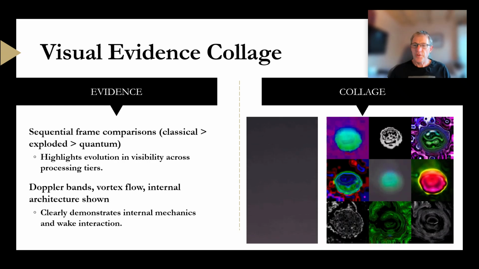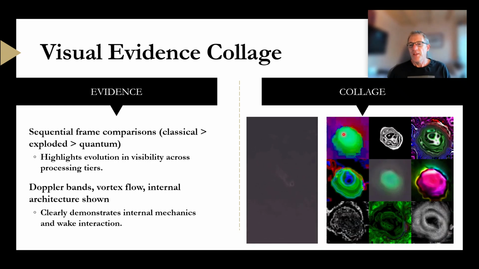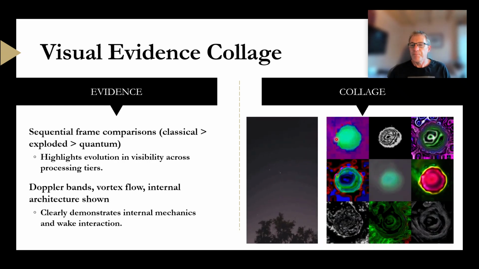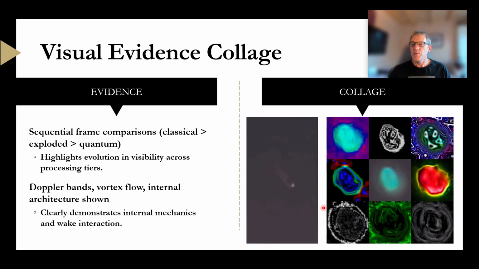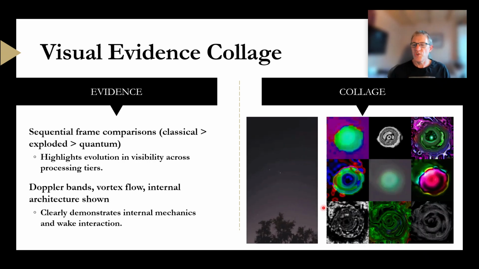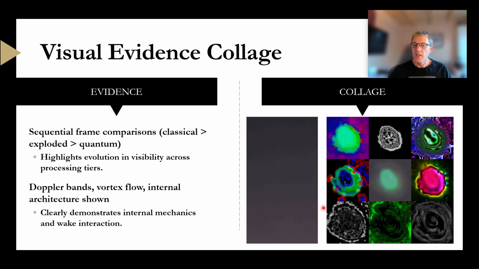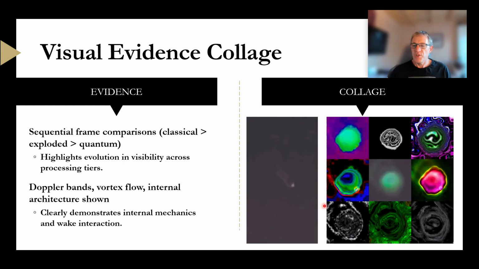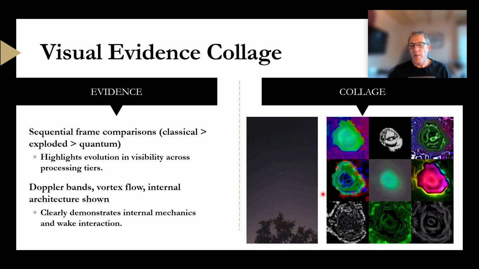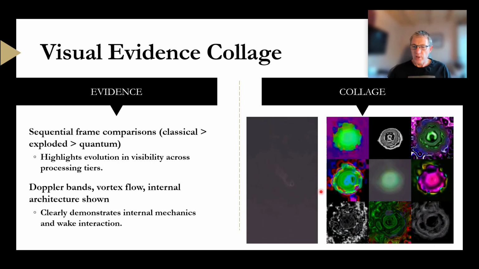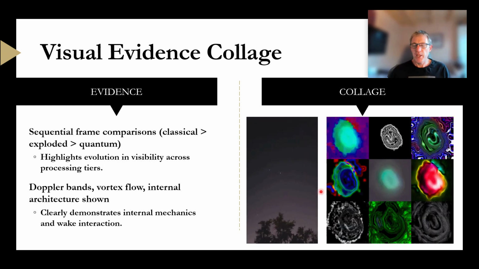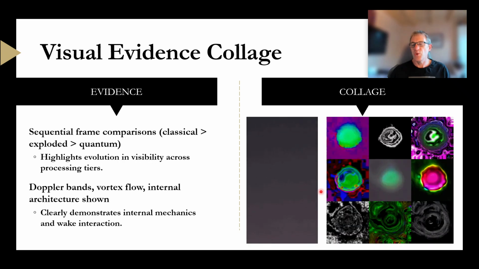Now here we've just got the evidence collage: all the stacked 17 frames from each of the 9 types of image analysis we do. This is pretty standard for our UAP analysis and interpretation now, and building the AI model, along with using other empirical evidence related to repetitive data analysis and statistical modeling.